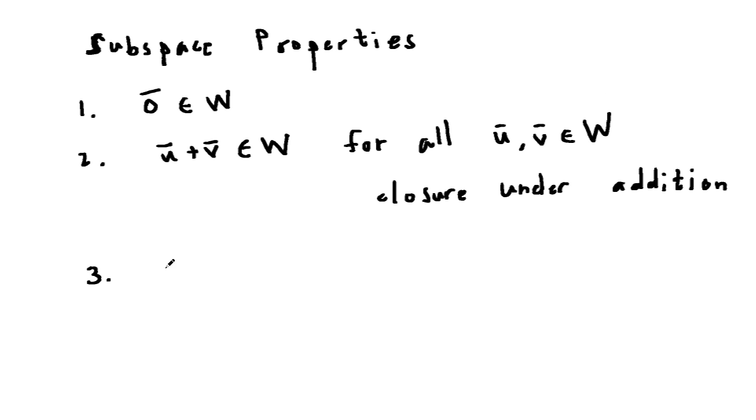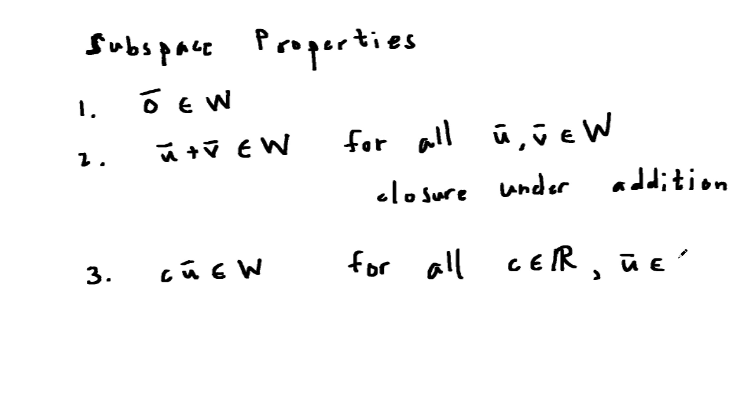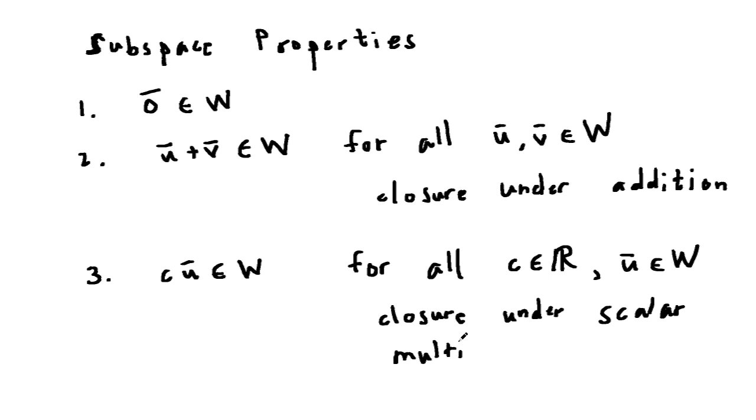And the third property is that C times U lies in W, where C is a scalar and U is a vector from W. This is called closure under scalar multiplication.